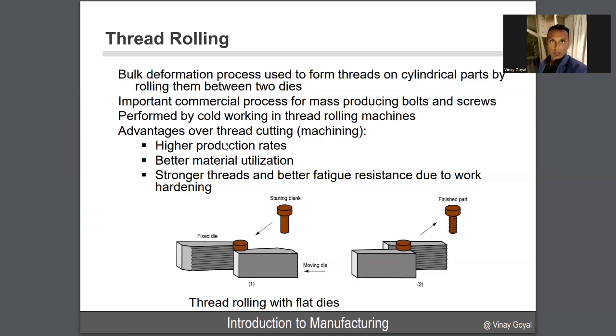What you see here is the fixed die and the moving die. The starting blank with no threads is put here, and I push it through the moving die, which causes the finished part to have threads.